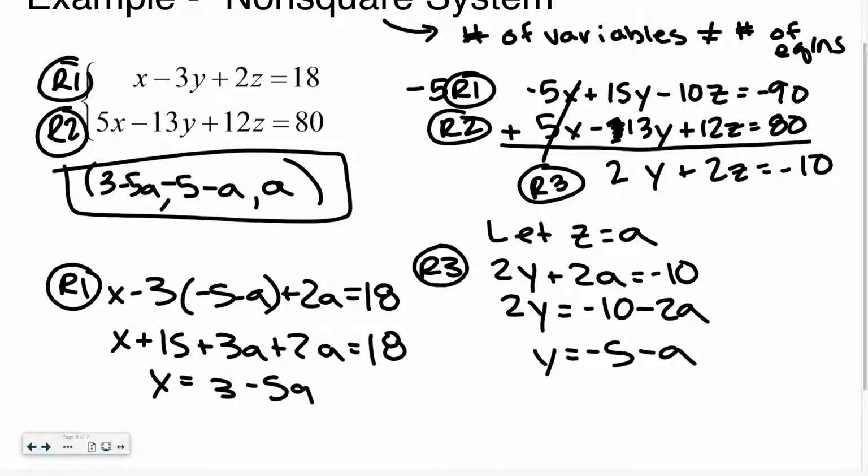What questions do you have for me? Yes, Hannah. Solve for y and plug it back in. Row 3? I could solve for y, but then it would be in terms of z. So if you're going to be solving for a variable, it's going to be in terms of another variable. Mathematicians are going to put a placeholder. Like I had the question last hour, why do we have to let z equal a? Why can't it just equal z?